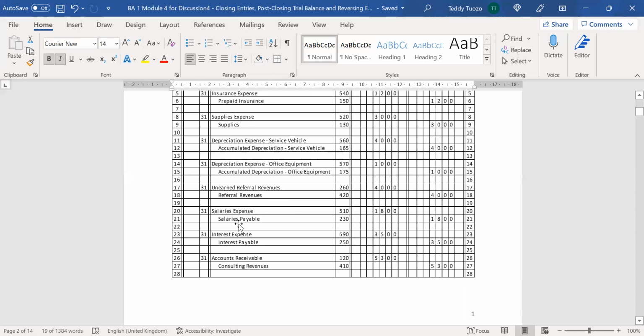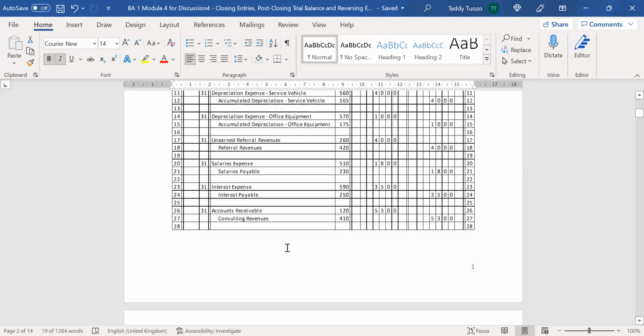Nag-debit, nag-increase ang salaries expense on the expense account, but the liability also increases. So this qualifies. Next, debit to interest expense, nag-increase ang expense, and also the liability here increases. So another adjusting entry that will qualify for reversing entry.